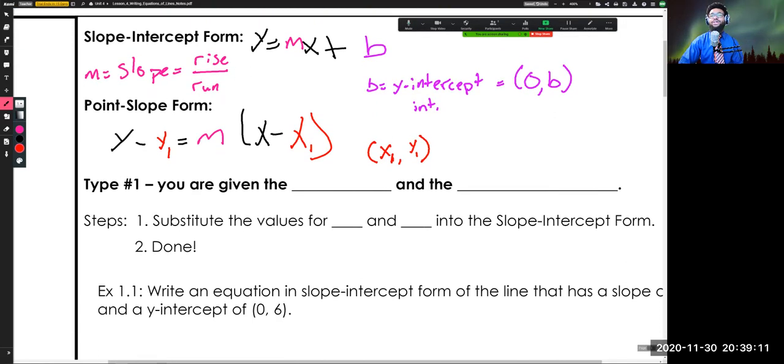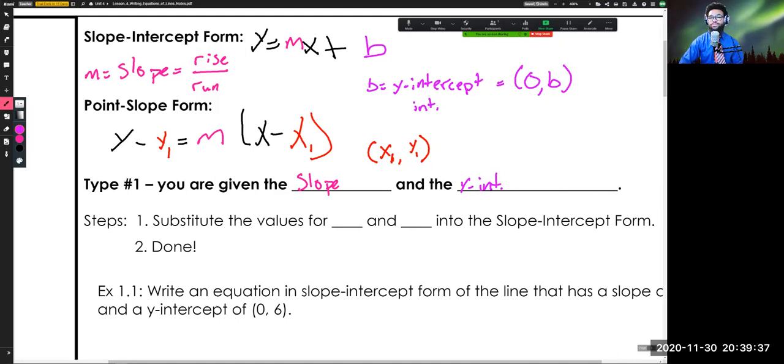Type 1, if we are given our slope, here, ooh, that's some rough writing. If we are given our slope and our y-intercept, okay? And the y-intercept.